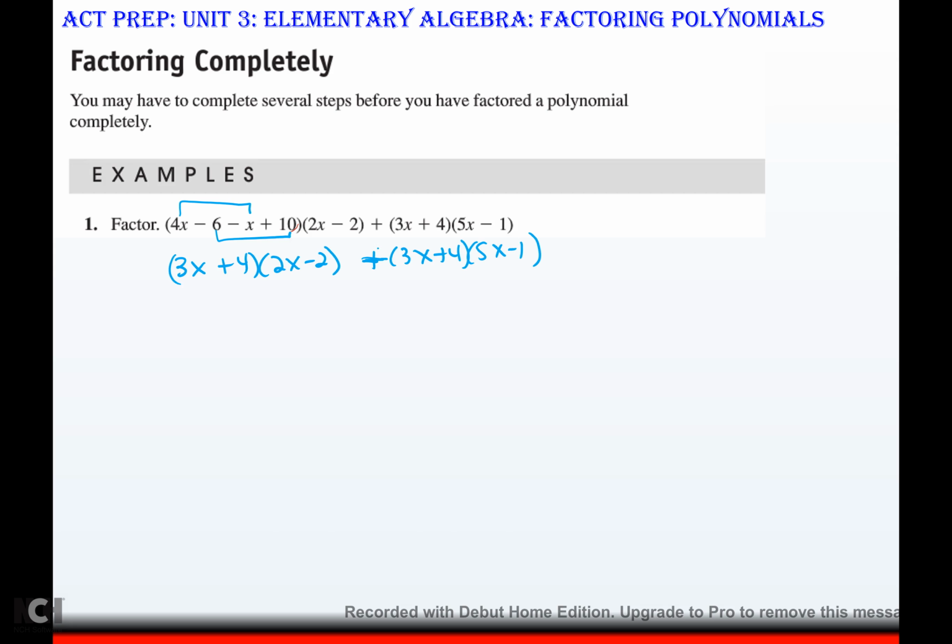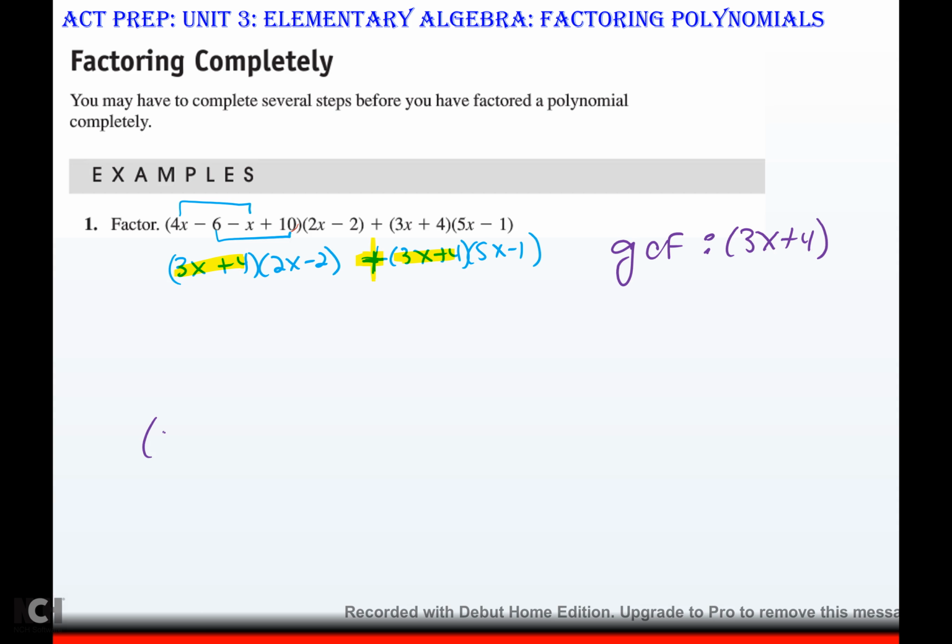Now, what's neat is if you look at both sides of this plus sign, you're looking for matching parentheses. Well, I've got matching parentheses on both sides. Each side is being multiplied by 3x plus 4. So guess what that means? My GCF is 3x plus 4.